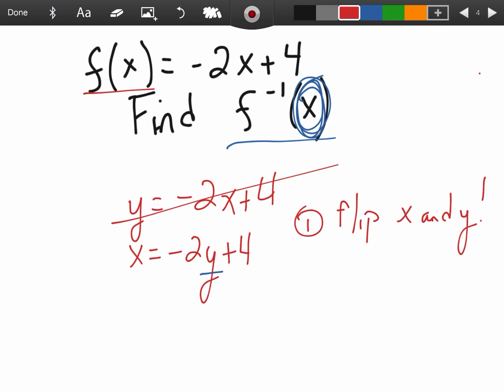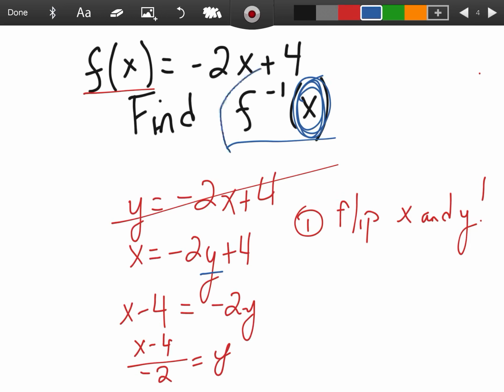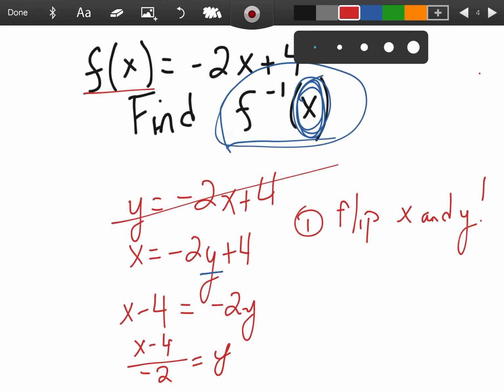So I subtract 4. I get x minus 4 equals negative 2y. And then divide by negative 2. So I get x minus 4 over negative 2 equals y. Obviously, if the problem tells me to find inverse f of x, I don't want to write it as a y equals. I'm going to write it as inverse f of x equals.